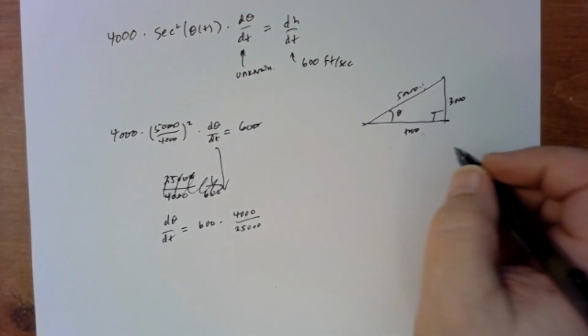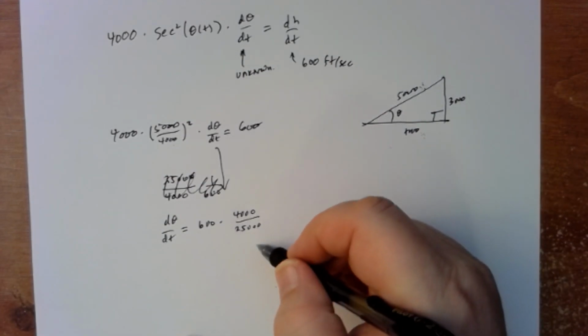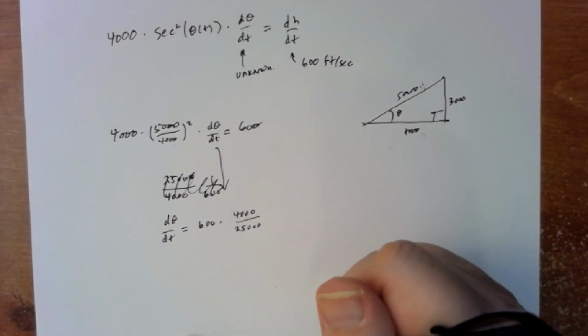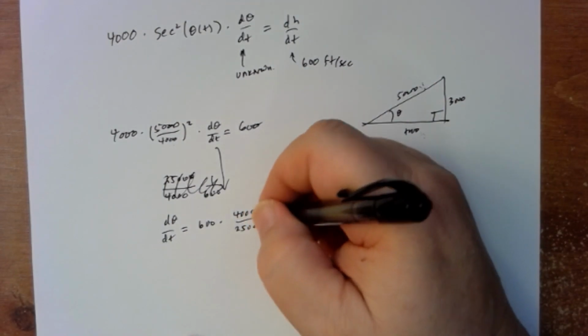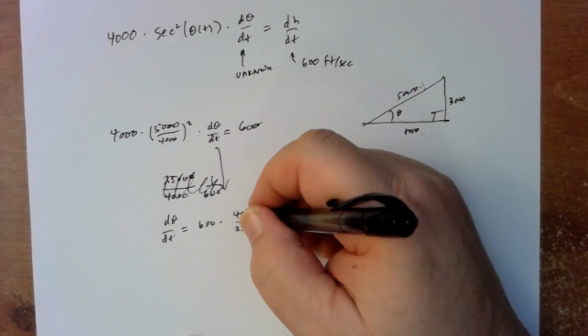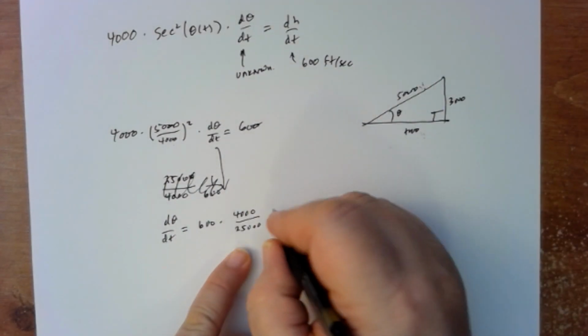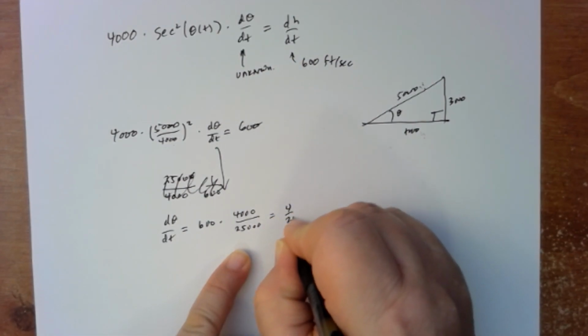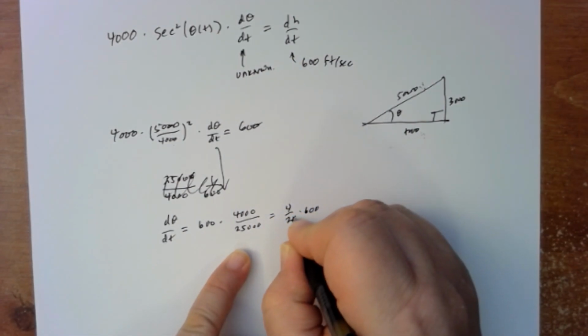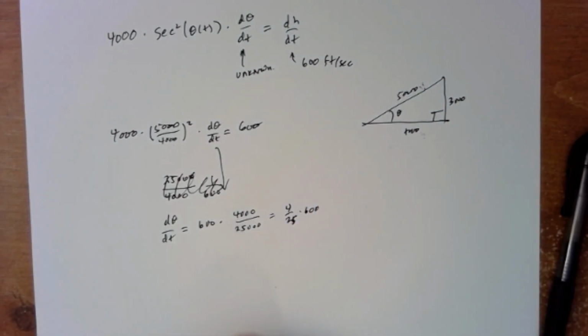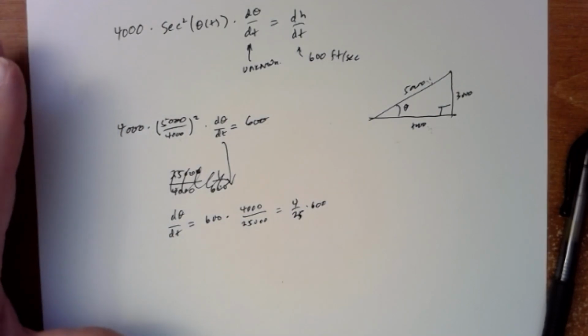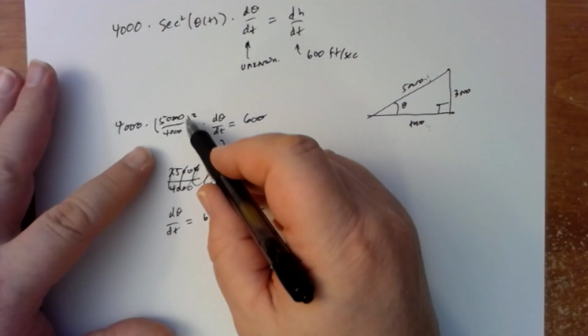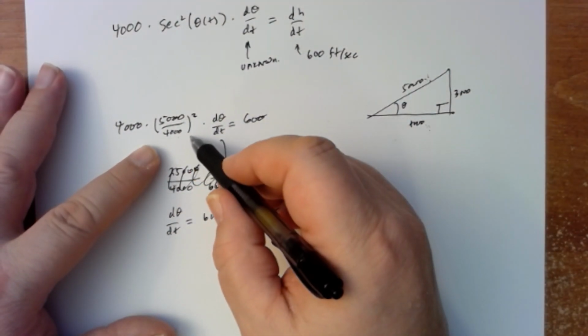Good. Let's see, what do we get from that? Well, the thousands of course cancel. 4 over 25 times 600. Let me compute that. Let's hang on for a second because I want to be careful about squaring these.